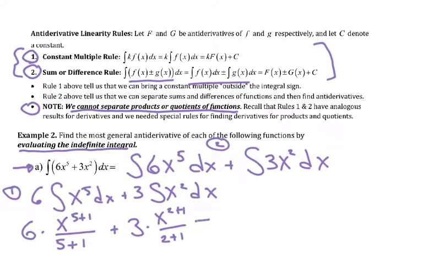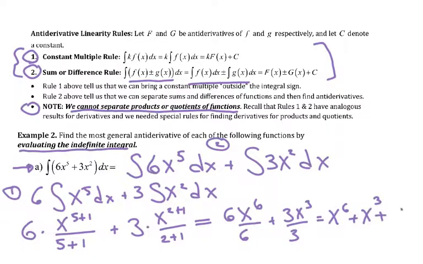Now, I think you can see what's going on here. I have 6x to the 6th power divided by 6 plus 3x cubed divided by 3, which is x to the 6th plus x cubed, and then I'm going to remember to add my arbitrary constant.